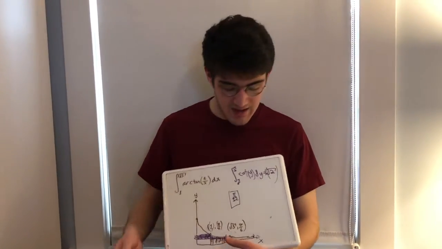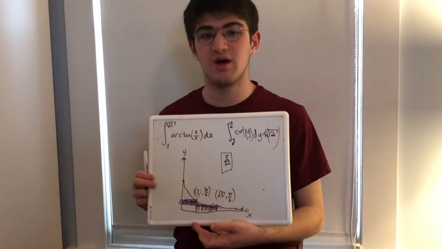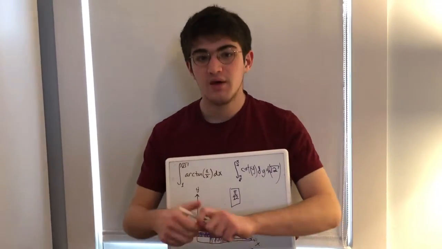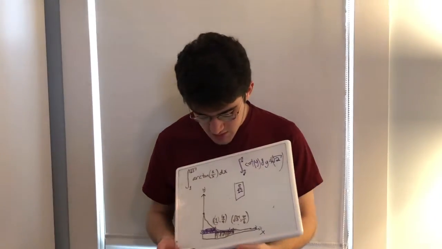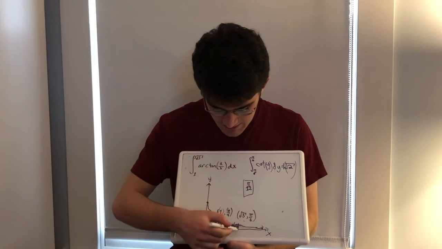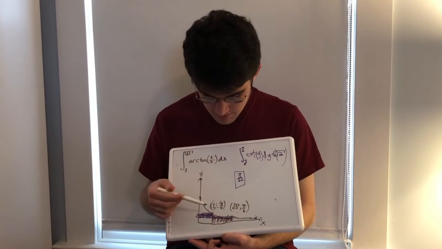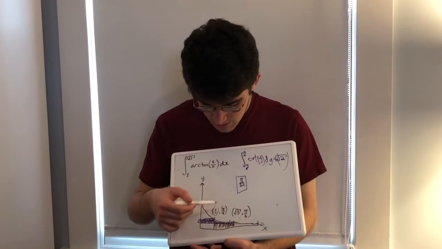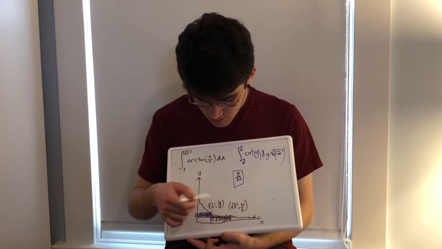And now you might be asking yourself, what's the area of the red box? To find the area of the red box, we're going to say that it has a width of still pi over 4. Ooh, sorry.